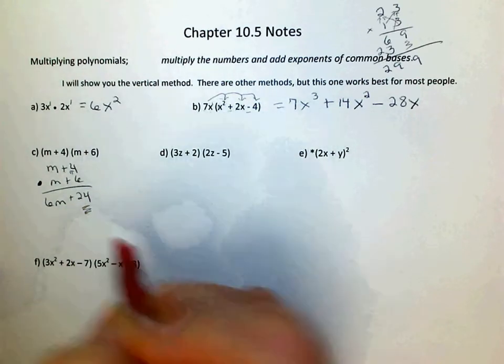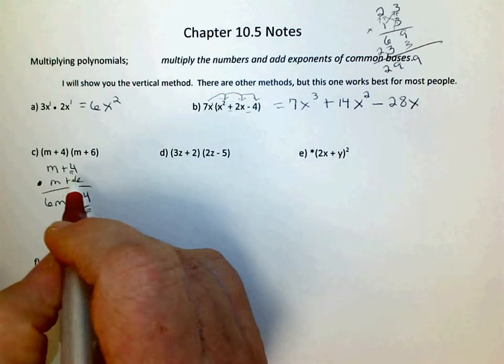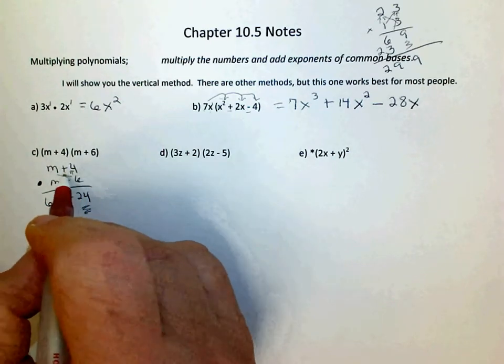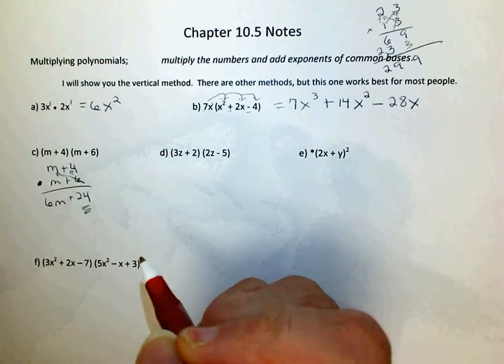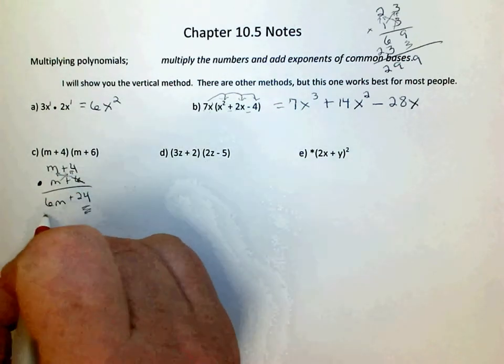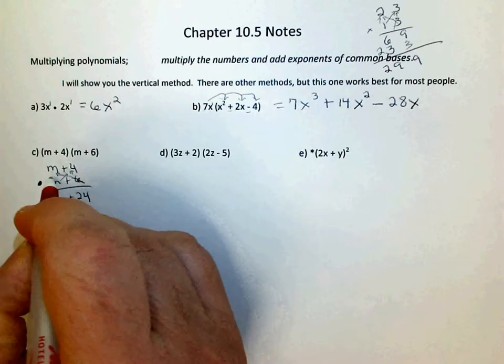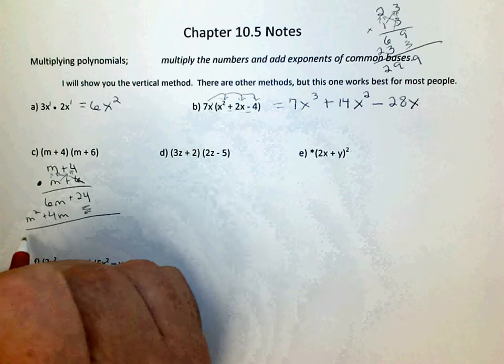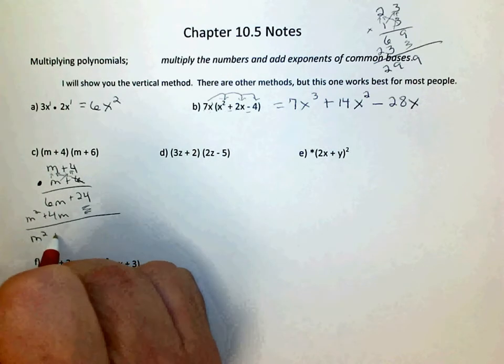Then we scooch. So I'm done with my 6. Now I take m times 4 is plus 4m, and m times m is m squared. And then I add up my columns.